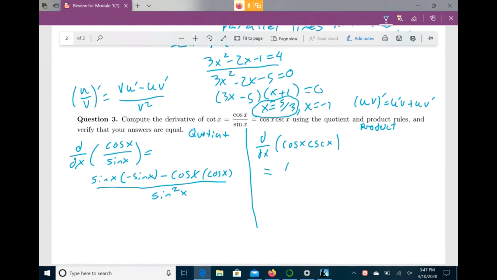So the derivative of cosine is negative sine. And then we leave the cosecant, plus leave the cosine and multiply by the derivative of cosecant. So what is the derivative of cosecant? Good. Negative cosecant cotangent.